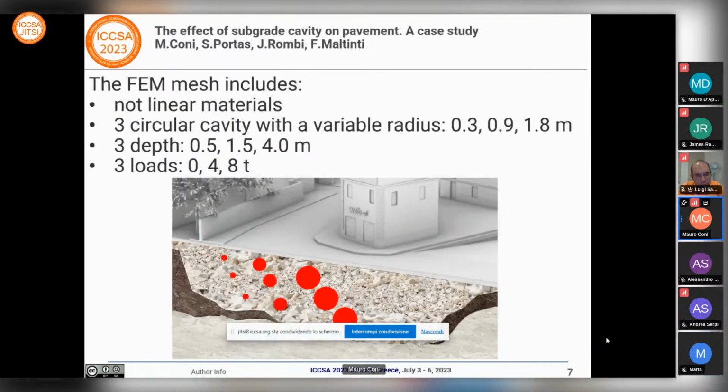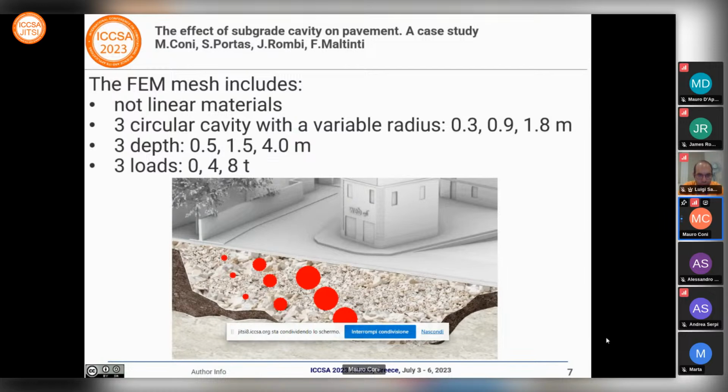The finite element mesh includes nonlinear material. We consider an elastoplastic material with the Drucker-Prager model. Also, we consider different circular cavities with different sizes.